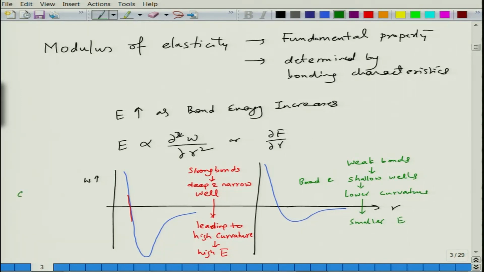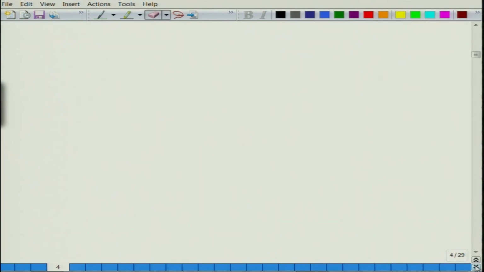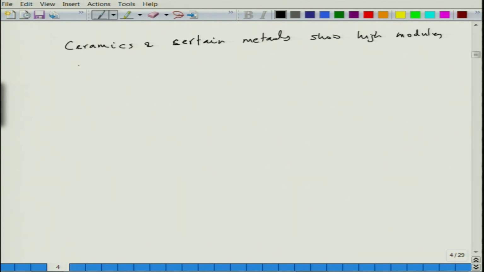So, for ceramics, materials such as ceramics and certain metals show high modulus because of high EB, that is bond energy.